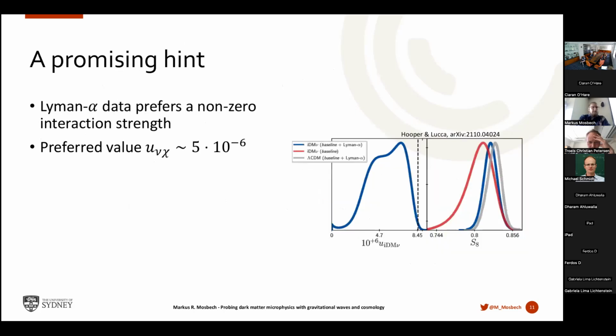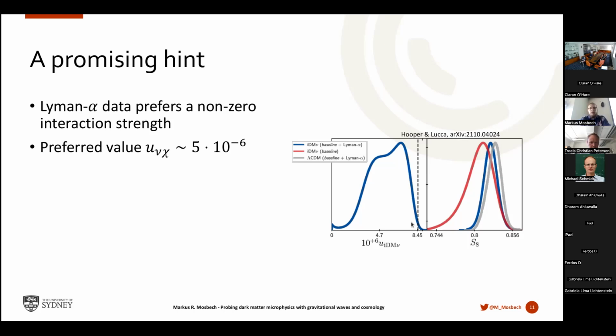So this model that we are looking at also got a little bit more interesting recently, because a different group was using our model and seeing if they could constrain it through Lyman alpha observations. And what they found was a hint, I would say, of a preferred model versus standard cold dark matter.